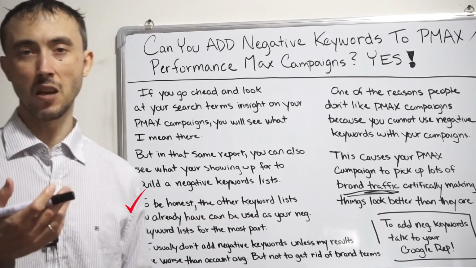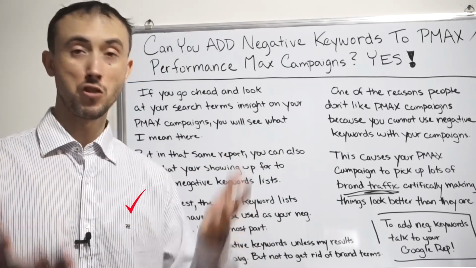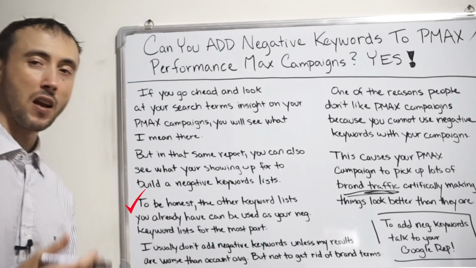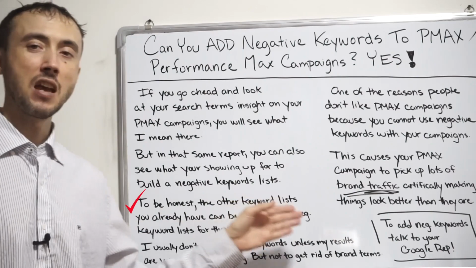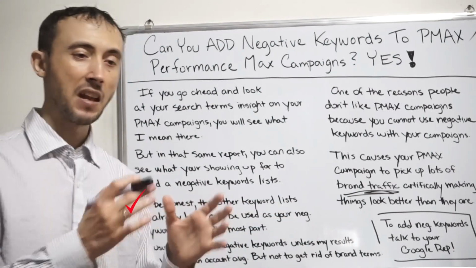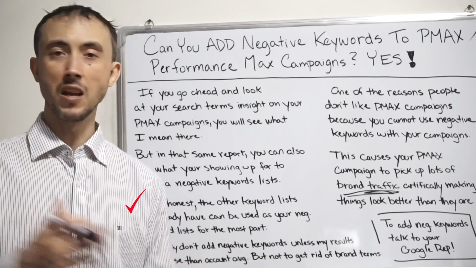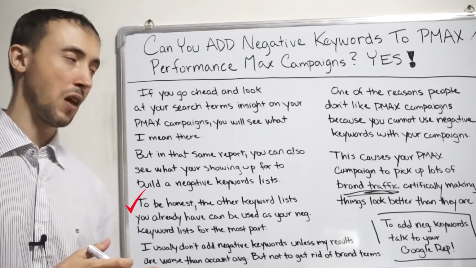It's not like your PMAX campaign is going to perform that much differently than your search campaigns in your market, or shouldn't for the most part. What I would recommend is doing both anyway. I would take the negative keyword list that I've already accumulated over time by running my search campaigns, whether it's added directly to the campaigns or a negative keyword list that I apply to those search campaigns.